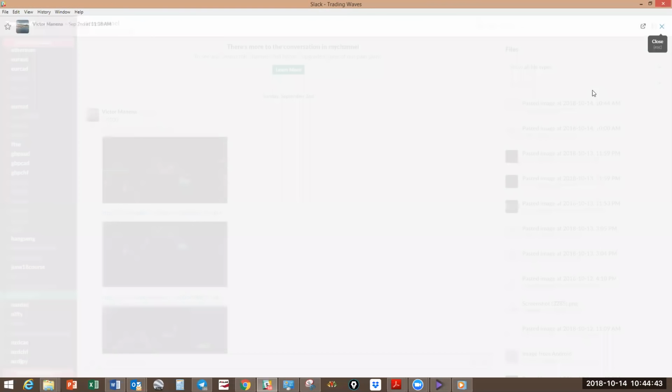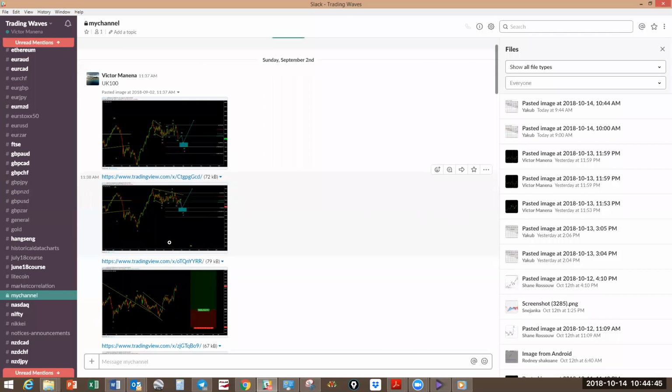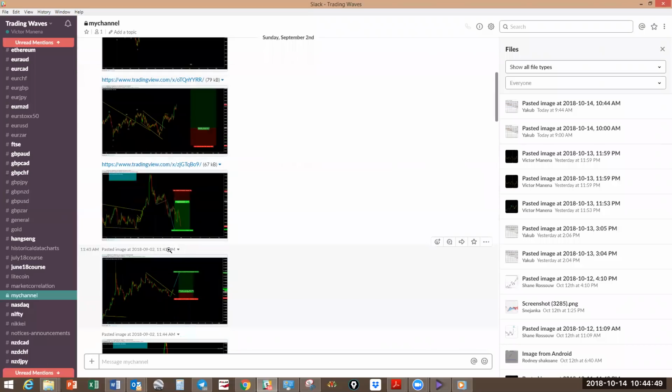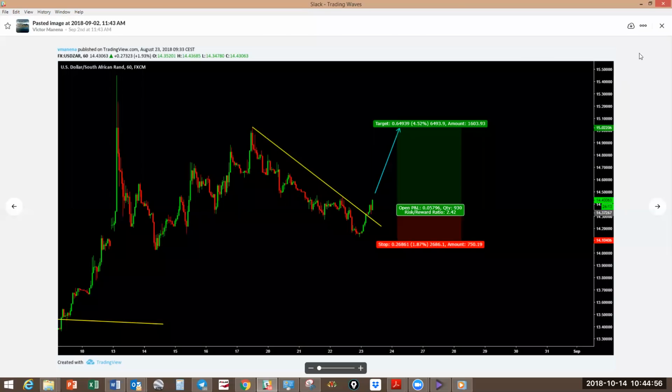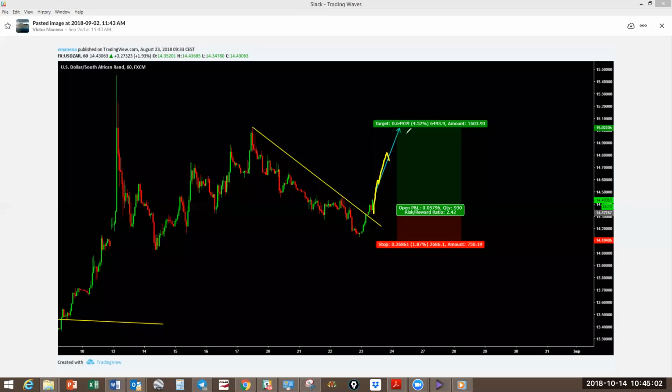That is the FTSE, and the next one here was quite a bit further back. Let's look at this one. This was US dollar ZAR. You can see that US dollar ZAR also bounced up here and reached that target. So we've actually reached the target on US dollar ZAR this week.